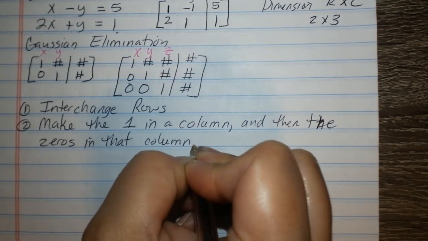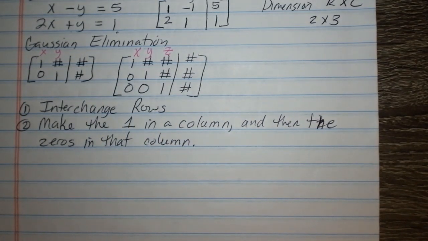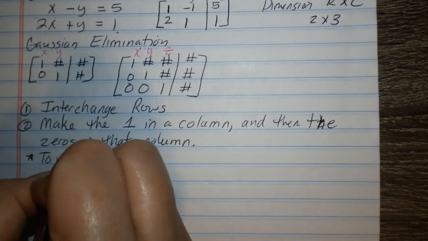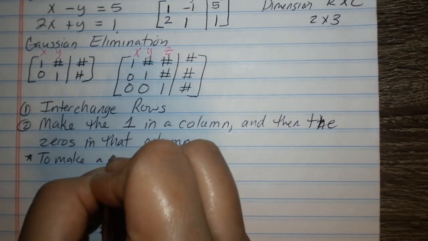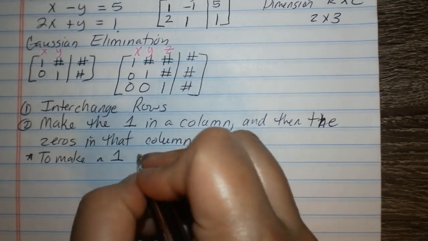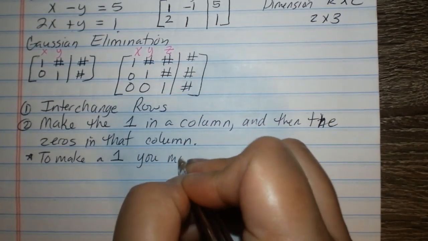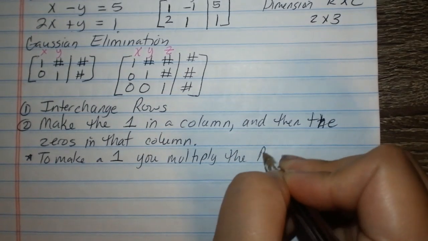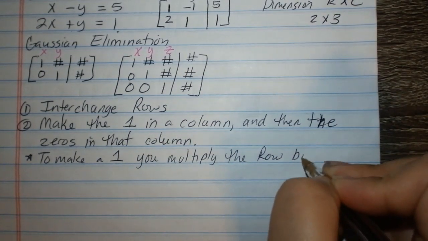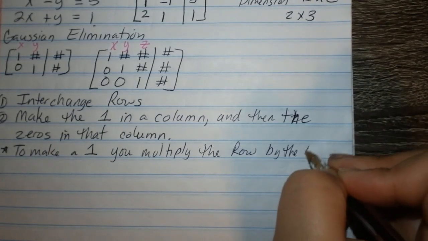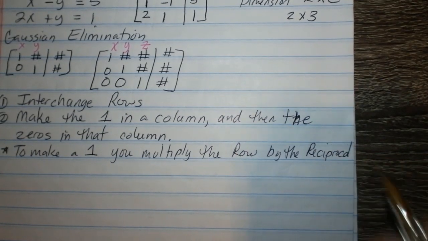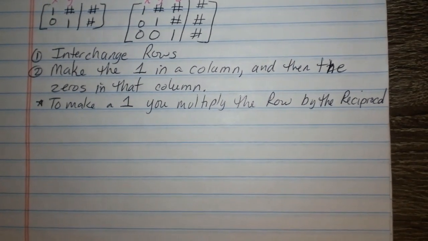So how do you do this? There's 2 steps. First of all, to make a 1, you multiply the row by the reciprocal. That's the first thing.